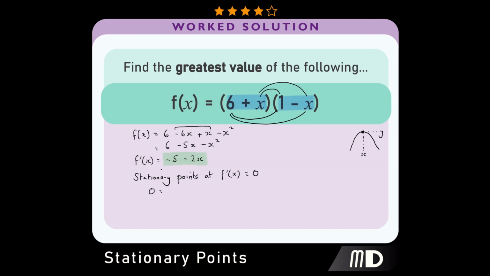So 0 equals minus 5 minus 2x. Add 5 to both sides. That gives us 5 equals minus 2x. And divide both sides by minus 2. So we get minus 5 over 2 equals x. And for the purposes of the next step, I'm going to write that as a decimal, which is minus 2.5.